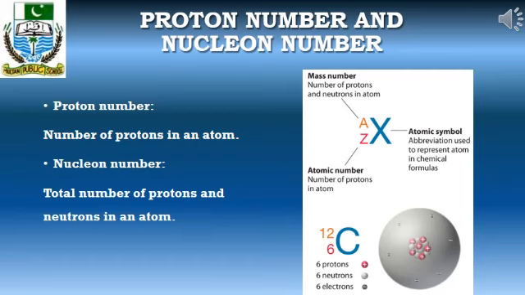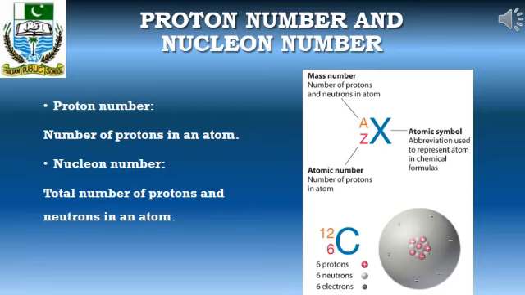Now, what is nucleon number? The nucleon number of an atom is the total number of protons and neutrons in the atom. The nucleon number is represented by the symbol A. The nucleon number is also called the mass number.